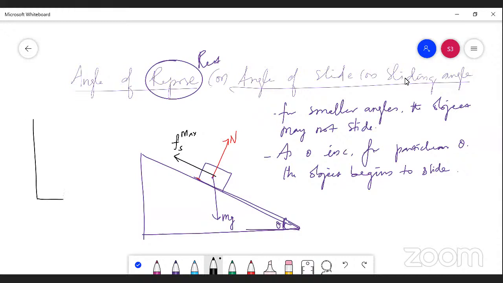You would have seen the graph in the previous class: as you move the object over a surface, the frictional force will remain as such, and at one particular value of external force applied, the static friction becomes maximum. At that point, the object begins to slide and kinetic friction comes into play.